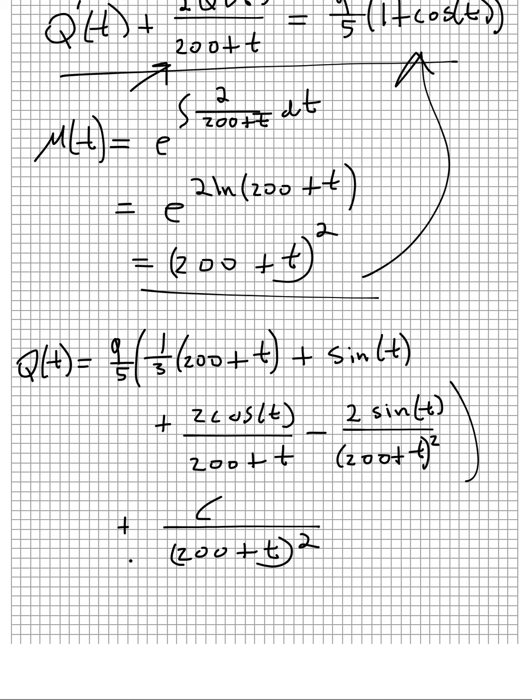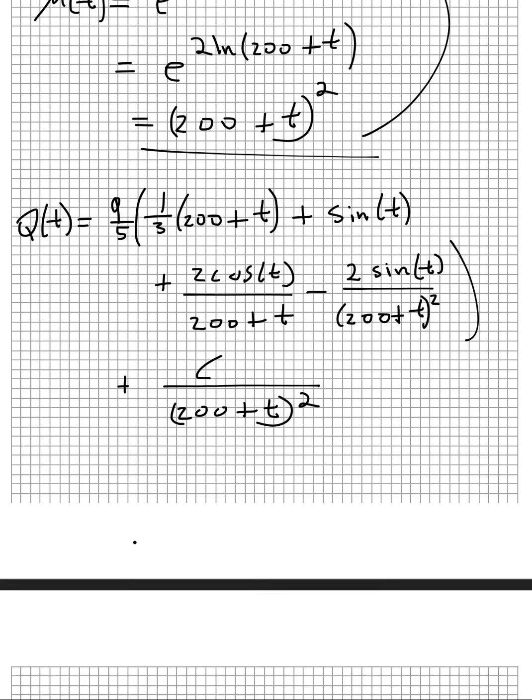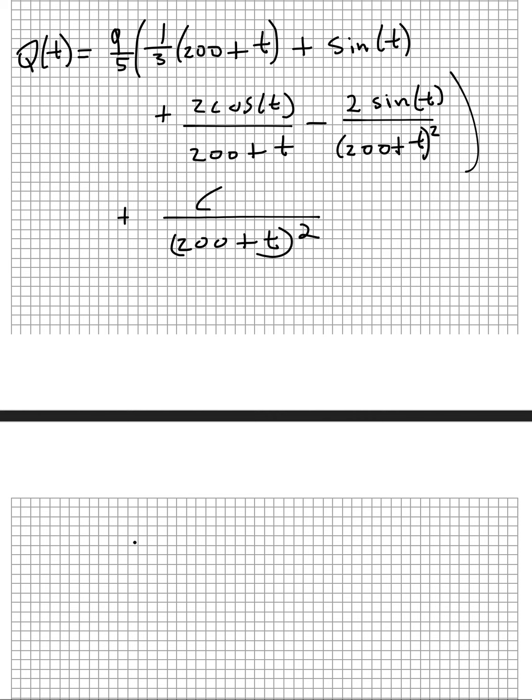So that's what happens after you multiply the integrating factor and resolve and simplify, you end up with that expression. Okay, so now that you have this, now all that you need to do is apply the initial condition and solve for the constant c. Okay, so that's what we do next.